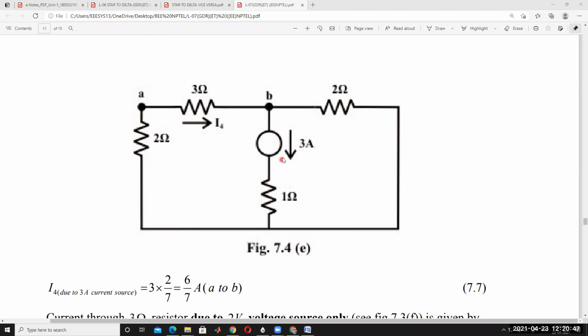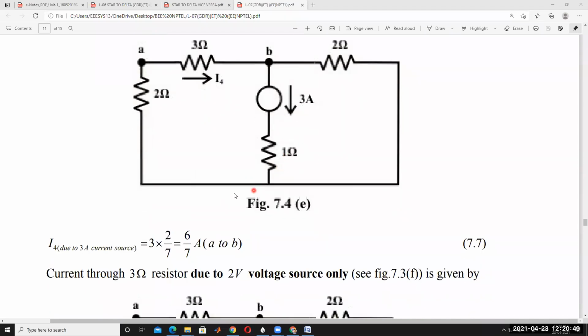That's why, according to the current division rule, this current is total current into the opposite resistor, which is 2 ohms, divided by the sum of the resistances 3 plus 2 plus 2. Current is dividing in these 2 resistors only, 3 plus 2 and 2. It's not dividing in the 1 ohm resistor. That's why total resistance is 3 plus 2 plus 2 only.